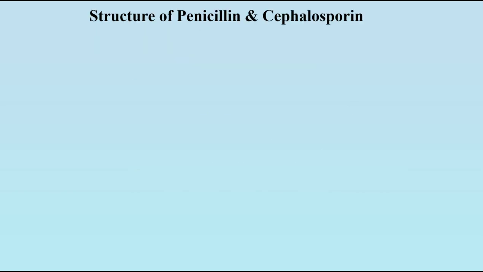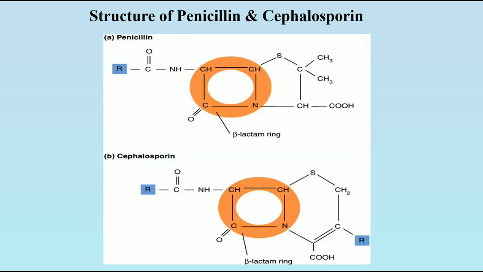Now moving towards the structure of penicillin and cephalosporin. So this is the structure of penicillin at the top and cephalosporin at the bottom. And the orange highlighted ring is the beta lactam ring in both the cephalosporin and penicillin.